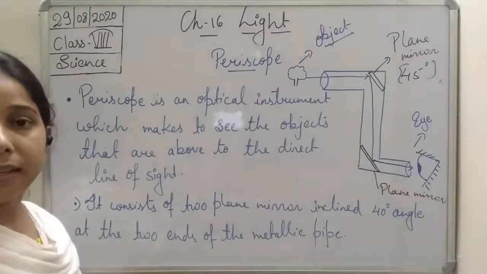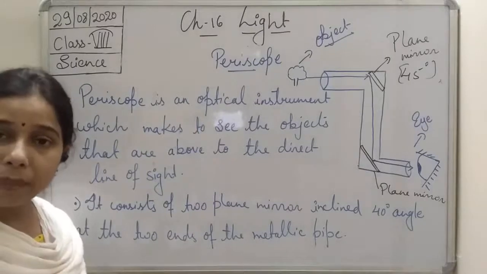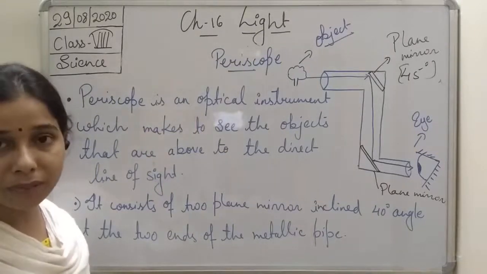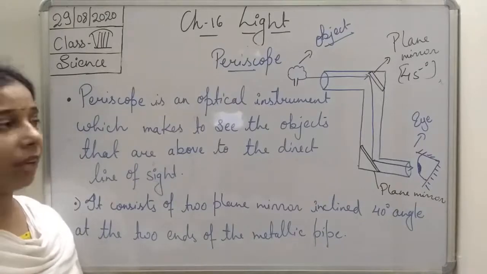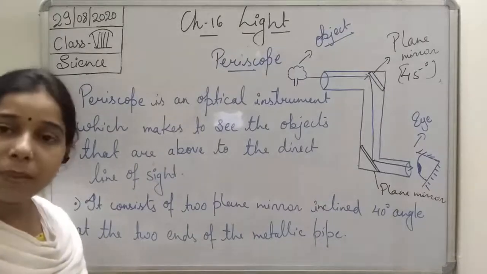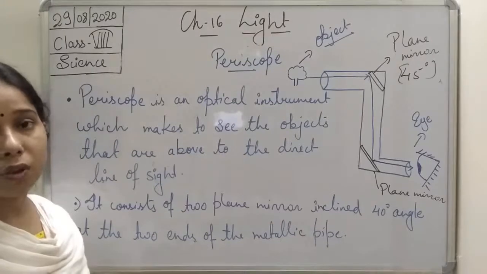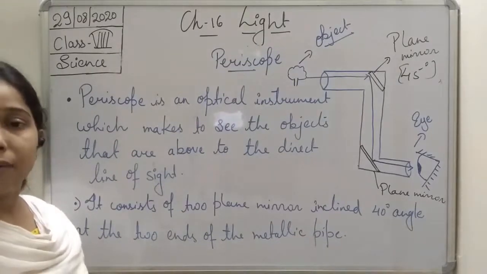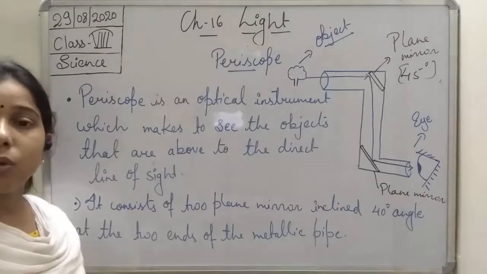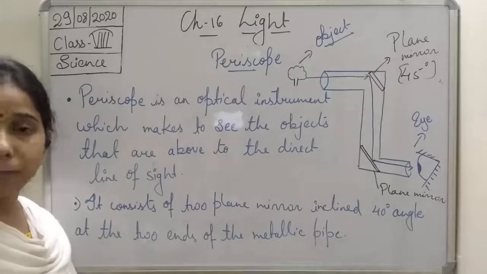Basically it consists of two plane mirrors inclined at 45 degrees. The reason for inclining at 45 degrees is that whatever light falls on its surface will be reflected to the other mirror, and from there it goes to the eye of the observer.